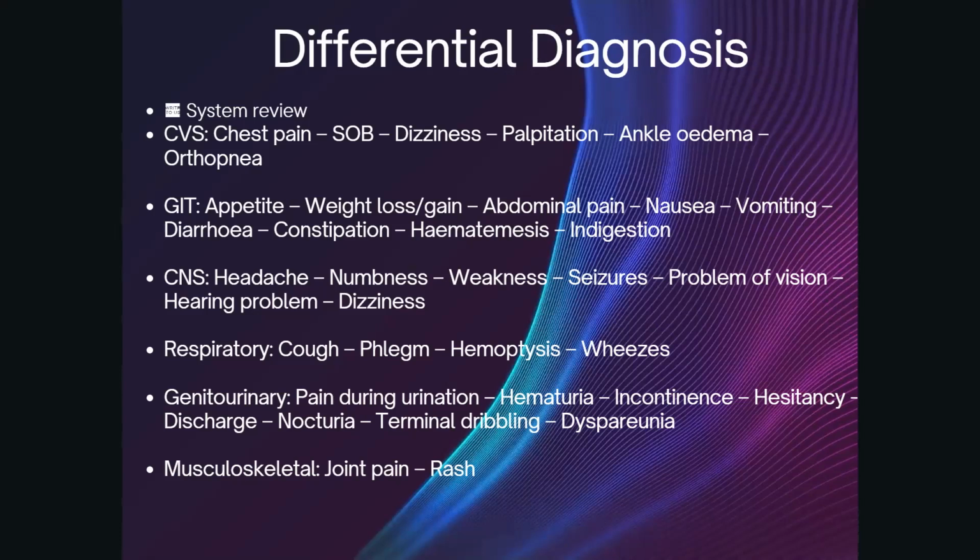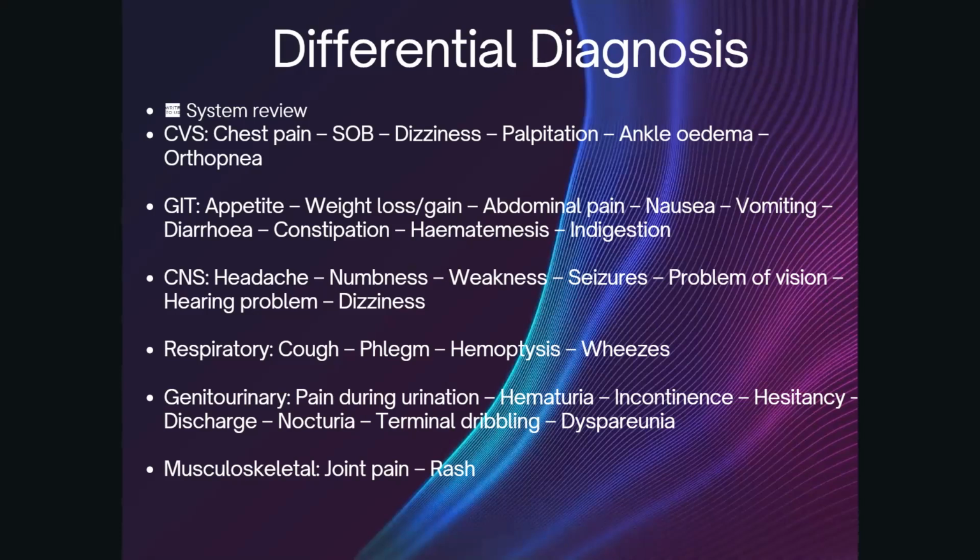Terminal dribbling, which can be related to benign prostatic enlargement or even prostate cancer. So it's very important to ask about this. And also dyspareunia. If you're thinking this patient has an STI, a sexually transmitted infection, it's very important to ask this question.